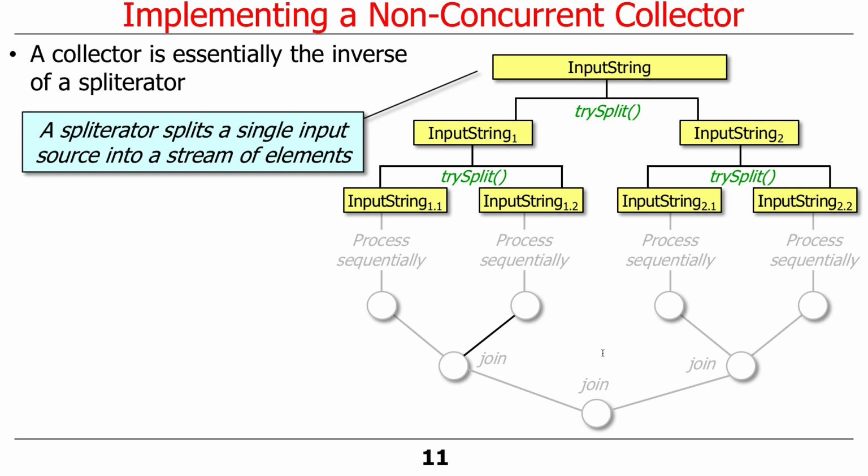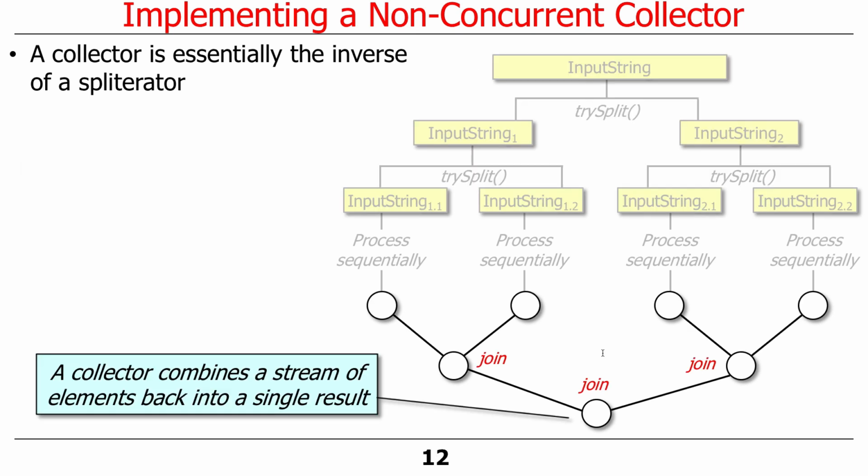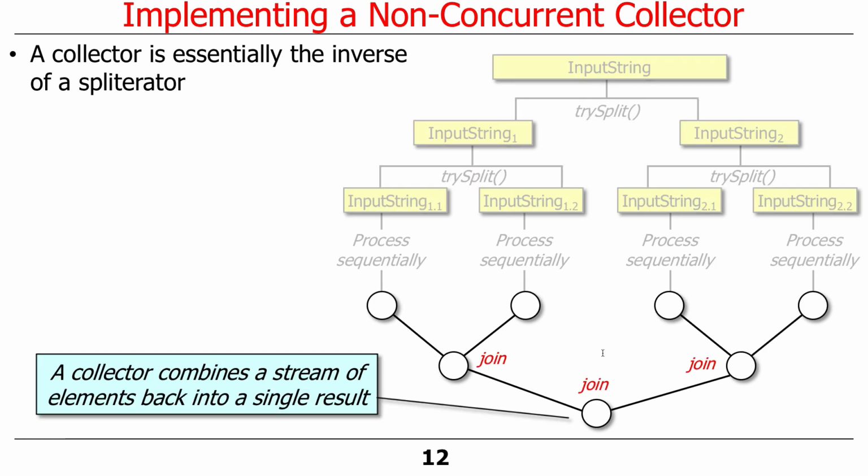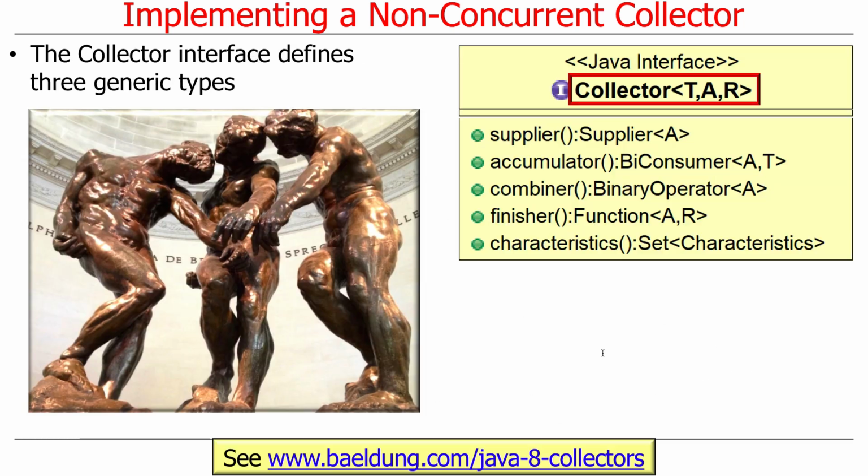A spliterator takes a single input source, like some kind of an array or a list or a file or something, and it splits it into a stream of elements. So after we split things up, we have a stream of input, which is then processed. The collector takes the results of all the processing and joins it all back together again into a single result. So that's why I said it's kind of an inverse, right? You take it and it puts it back into a single common sink, not a source, a sink.